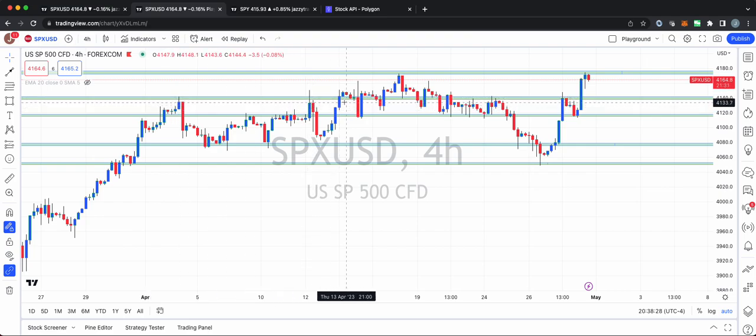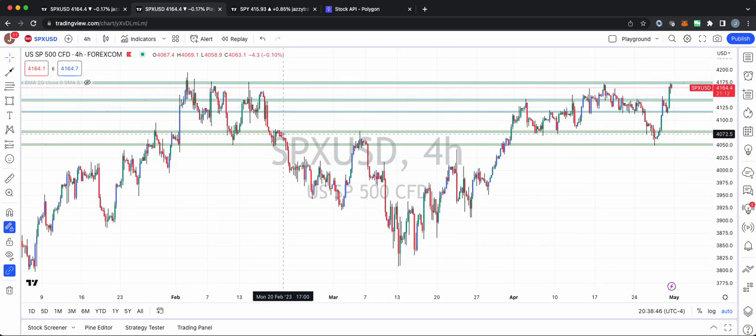Rejection, rejection, staying above for a bit. So this is like consolidation, and then again bounce here, rejection here, rejection here, rejection, rejection, rejection, rejection, right? So this, it's a pretty strong area, the 4140.